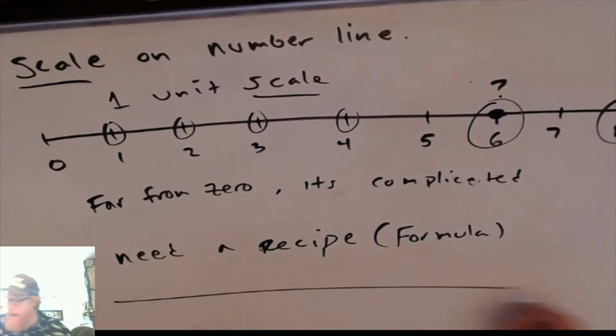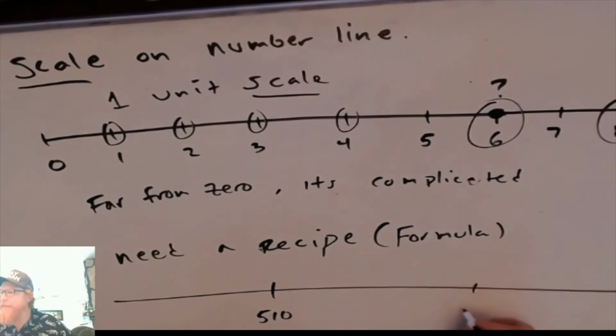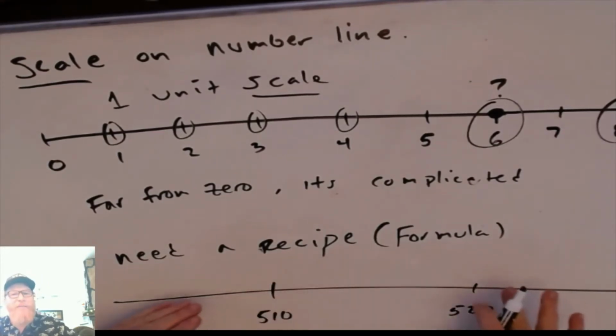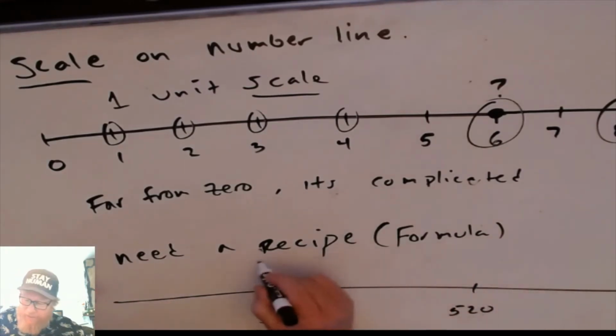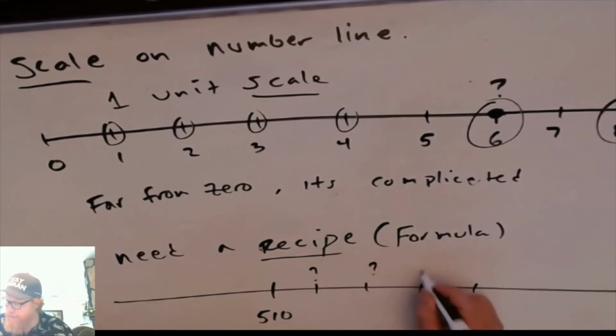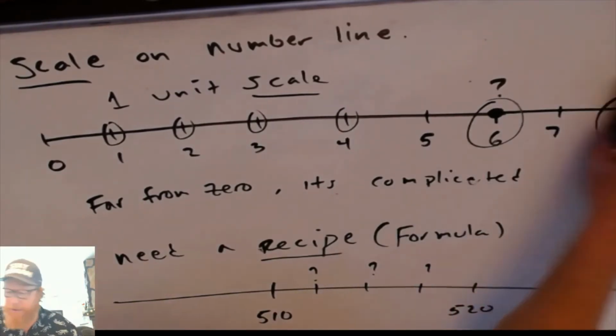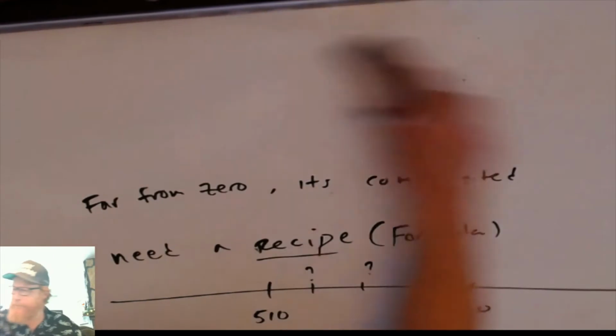So if I'm way out here on a number line and I say this is 510, and then this is 520, and you're farther away from 0, then we're going to need some sort of formula or recipe to determine where different values are on the number line. Okay? So let me formalize this procedure by giving you another example.